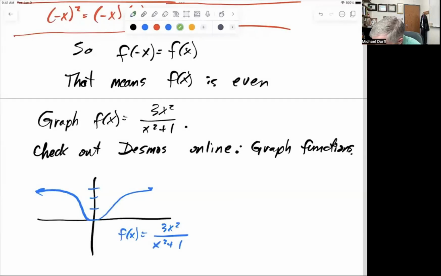I can see that it's reasonable that if I take this green part and flip it over onto the left side, over the vertical axis, the y-axis, I'm going to get the blue part. And so this graph demonstrates that f of x is an even function.